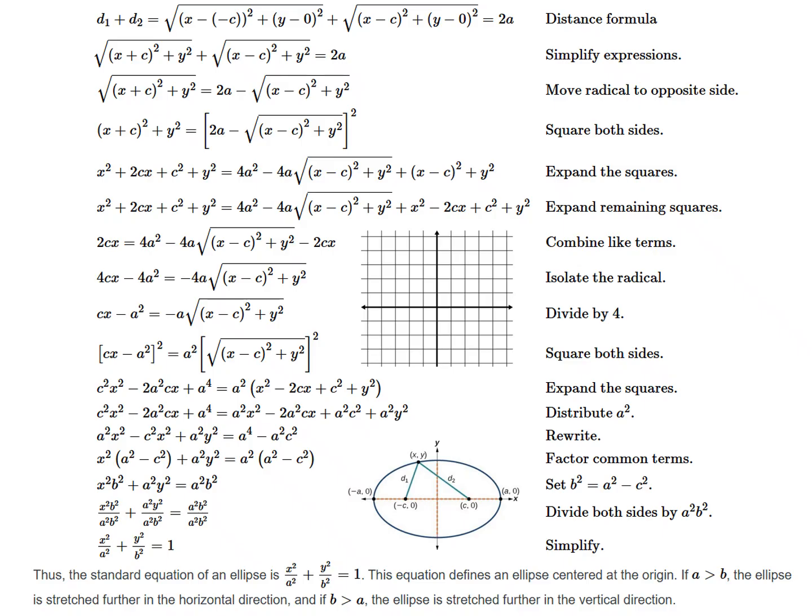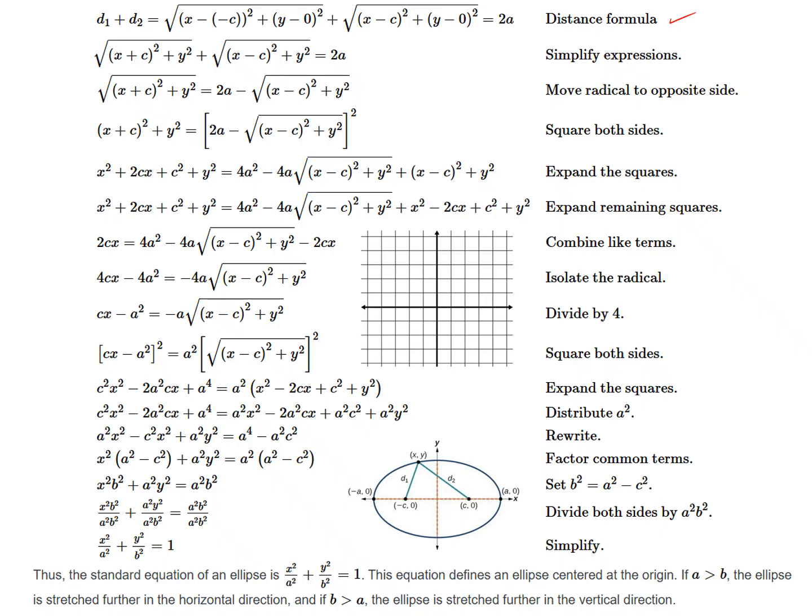We just get the distance between 2 points. So our d1 is this, plus our d2 is this, using the distance formula. And then the right side is equal to 2a.